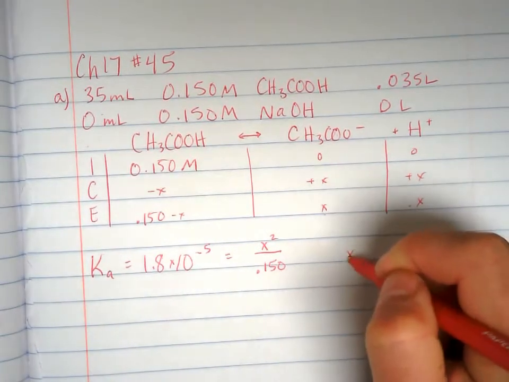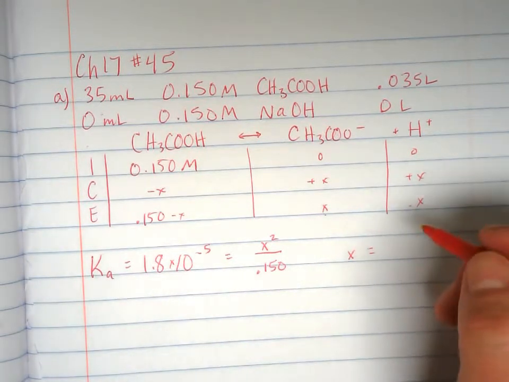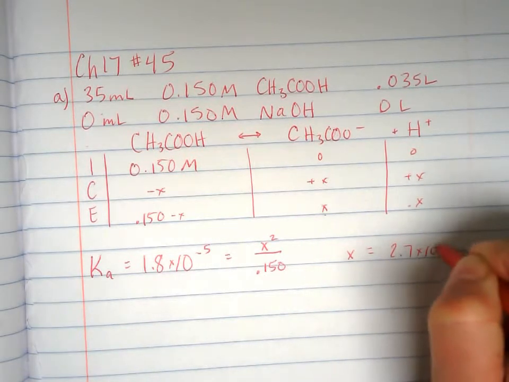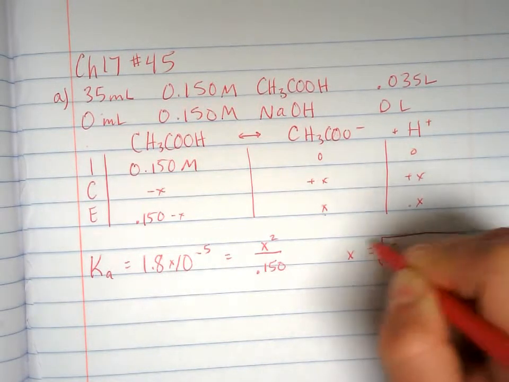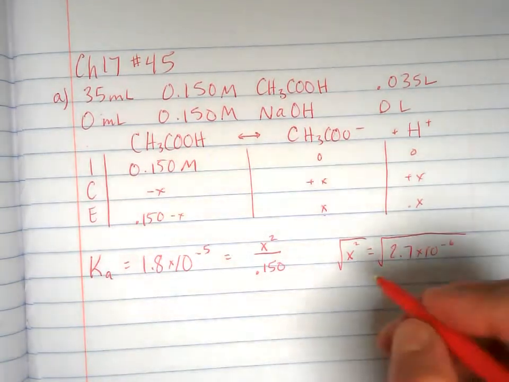When I solve for X, I get 2.7 times 10 to the negative 6. So that's X squared. Take the square root of both sides.